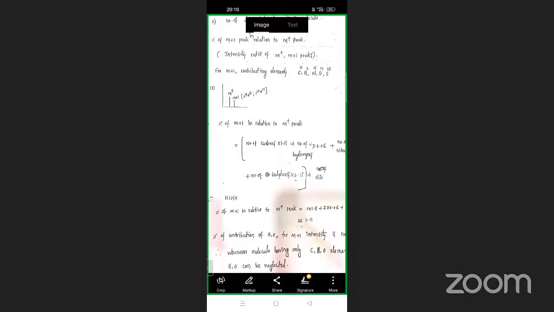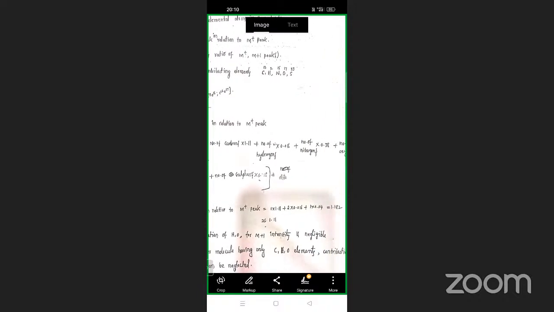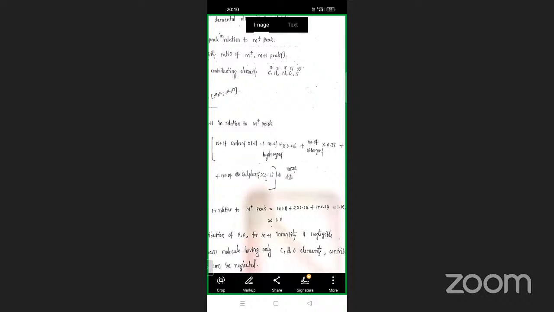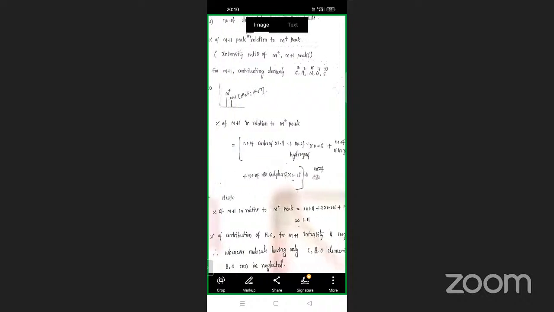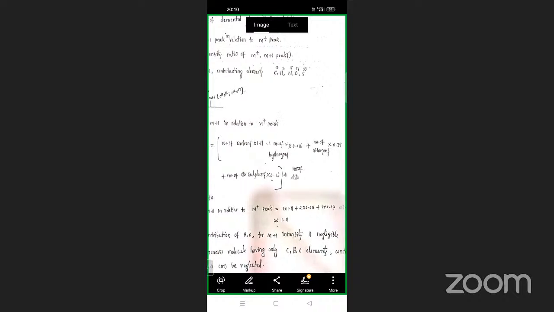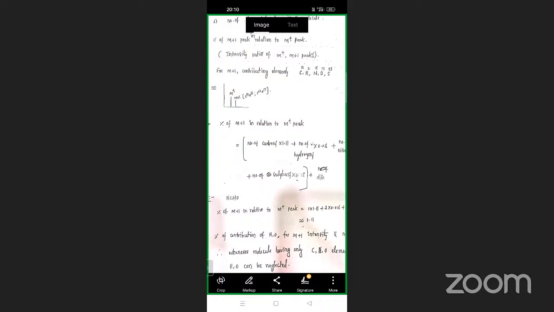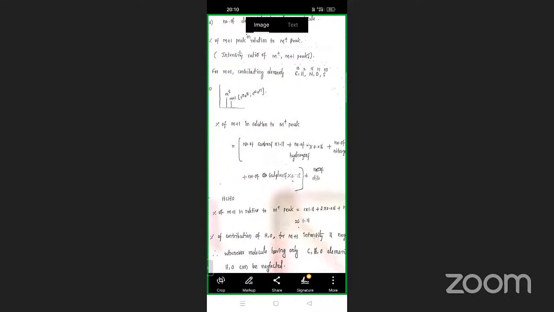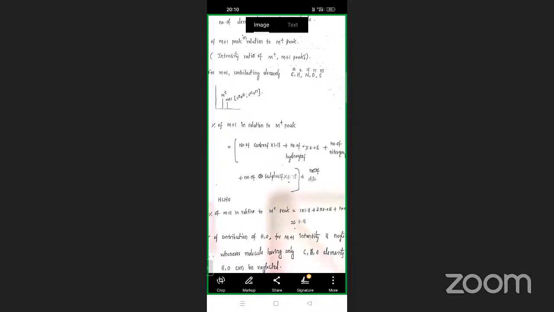So here the percentage of M+1 relative to your M plus peak. So you can calculate 1 into 1.11. Okay, so it means here the hydrogen intensity, and you take the oxygen intensity, and the carbon intensity, meaning the natural abundance.